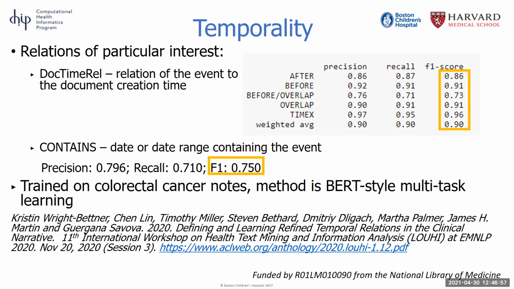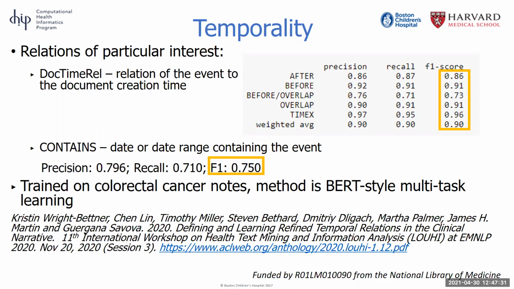There are two types of temporal relations. One is called the doc-time rel, and that's the relation of the event to the document creation time. We call that rough temporality. The second type are the more finer-grained relations, and those are relations like before, overlap, starts on, ends on, and contains.